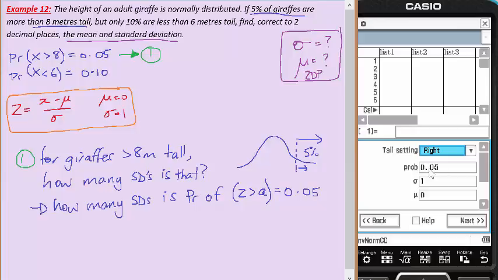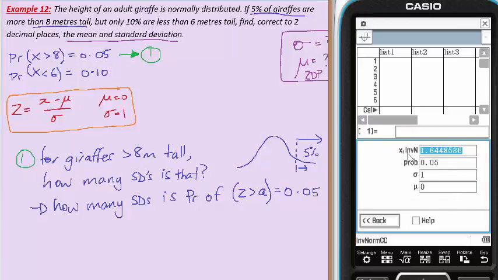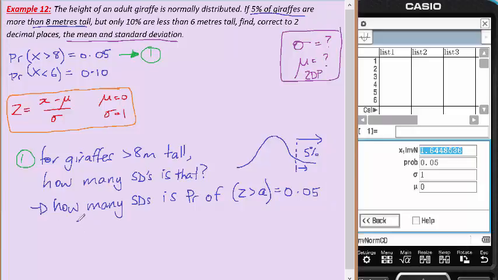There's a probability of 5% or 0.05, and I find out that this is 1.645 standard deviations above the mean. So here, Z equals 1.645 when X equals 8. That's my first bit of information that's really important, so I'm going to box that up.